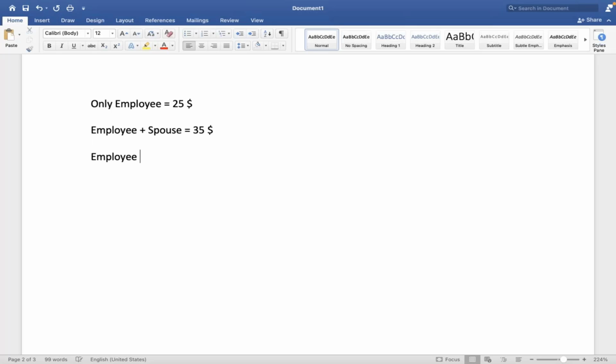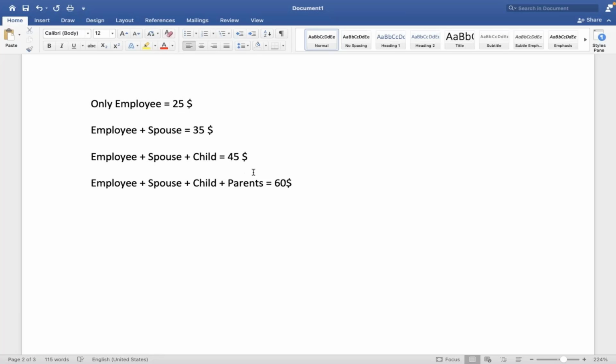Employee plus spouse plus child, $45. Employee plus spouse plus child plus parents, $60. So the contributions will keep changing based on who you are enrolling into the benefit plan.